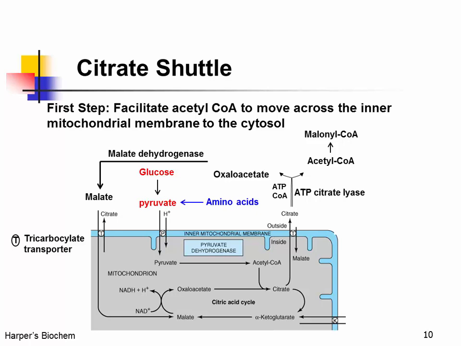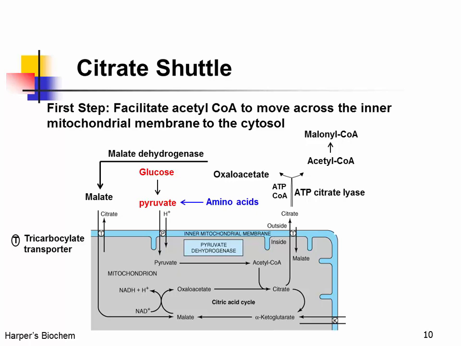So this is the citrate shuttle system. The main purpose is to transport acetyl-CoA, right? And in the cytosol, citrate is then broken down again to acetyl-CoA by the ATP citrate-lyase enzyme, breaking down citrate into acetyl-CoA and oxaloacetate again, right? And then acetyl-CoA enters the fatty acid synthesis pathway in the cytosol, right? That makes sense?